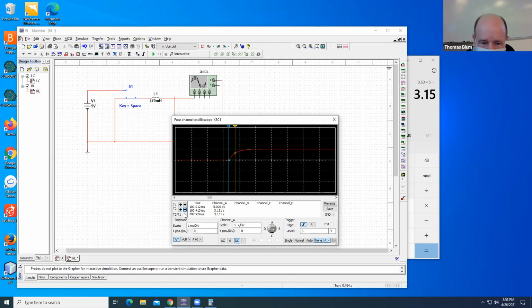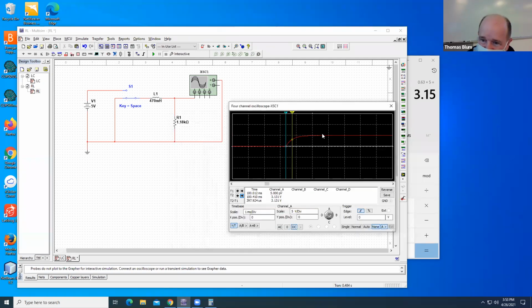So there we have the time constant, and it is supposed to be theoretically L over R. So that is our simulation measurement of the time constant for when the current is increasing.